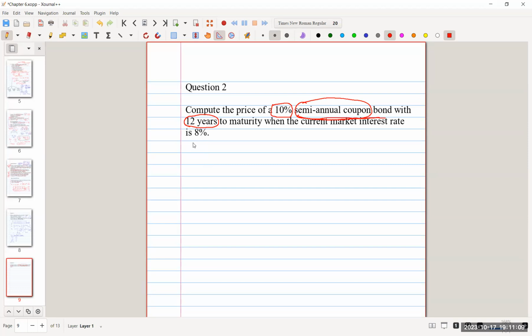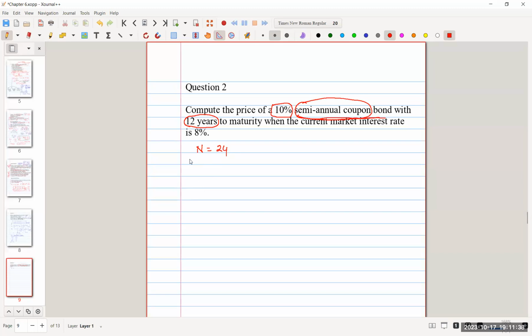So 24. 24 such periods, yes. Everybody is okay with this? One year has two periods. 2 years will have four periods. 3 years will have six periods, right? So one thing we know, let's write down our conclusion here first up. We will have 24 periods to deal with.